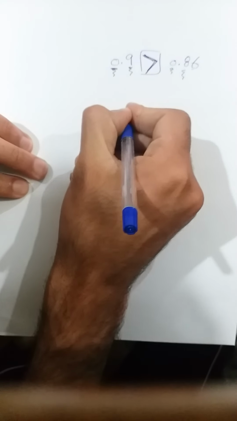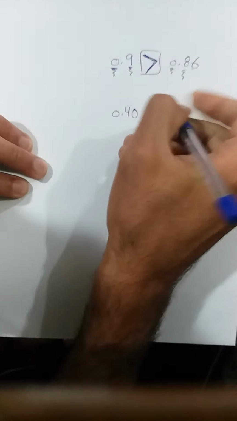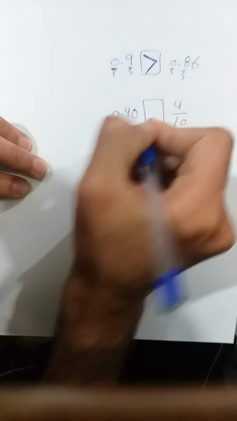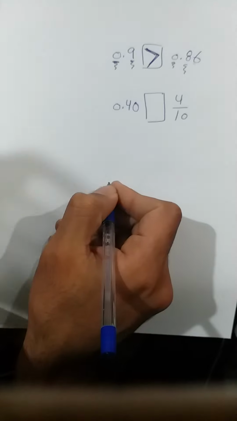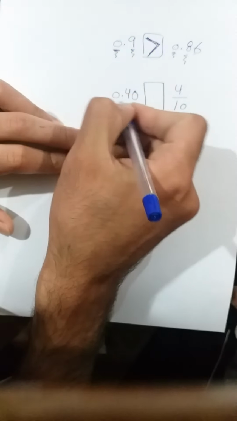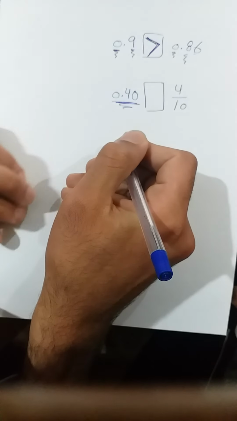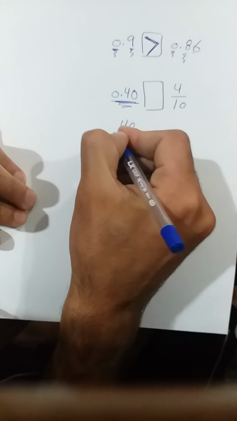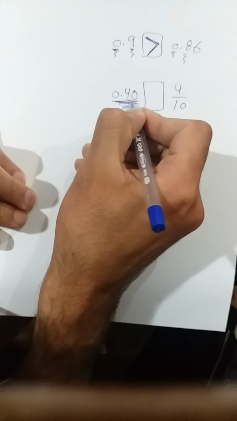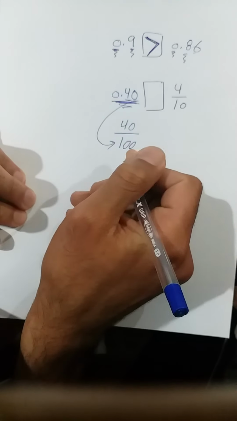Number 2 is 0.4 and 4 over 10. And he wants me to put the sign. Okay? Teacher, at this point, how am I going to put this? Write it as a fraction. 40 over 100, because I have here 2 digits, the 2 digits become 100, right?